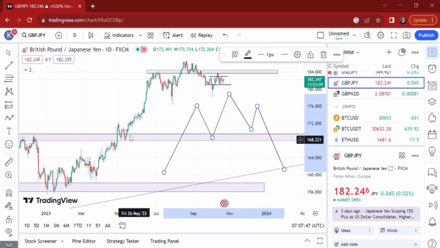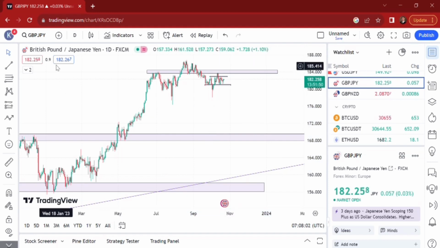So we know that okay, price is forming this chart pattern. The overall trend is bullish, but this is a reversal chart pattern. So what do we expect? A short position from this zone. So we just wait.